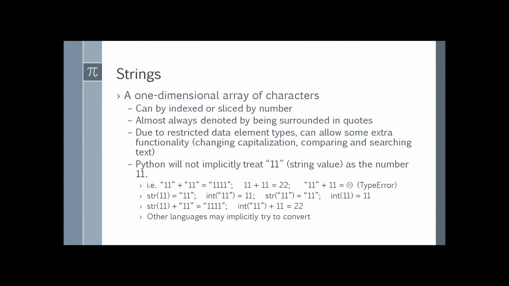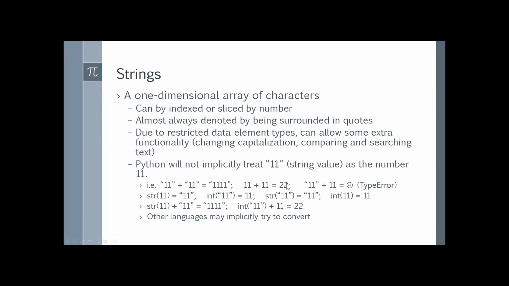So for example, in Perl and C++, if I take string 11 and try and add number 12 to it, it's going to come back with number 23. Python, on the other hand, is a little bit different. If I take string 11 and string 11, it's going to give me back string 1111.